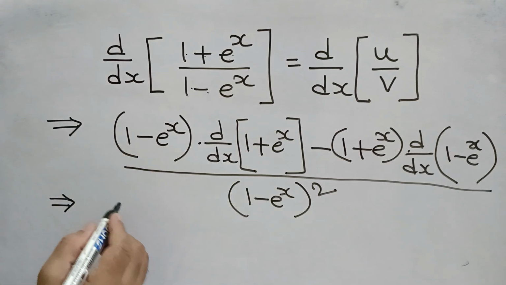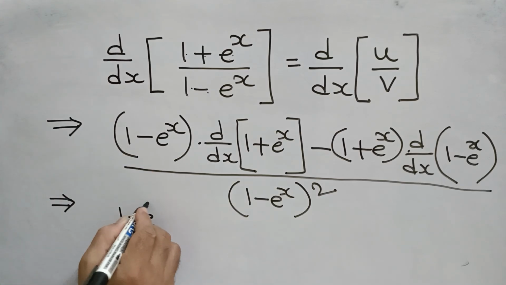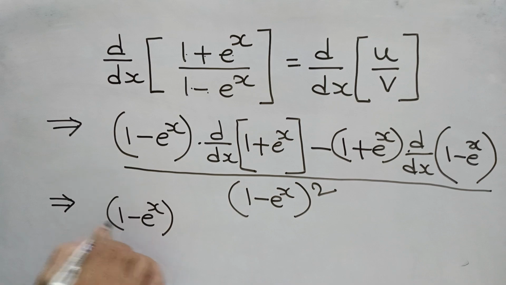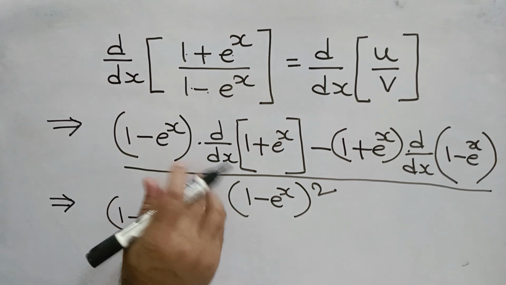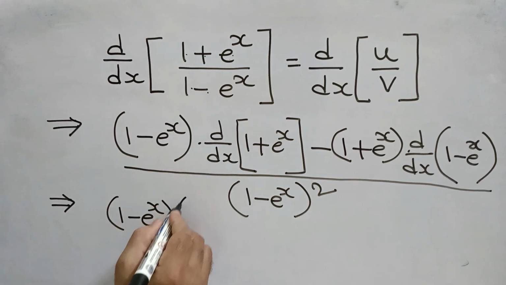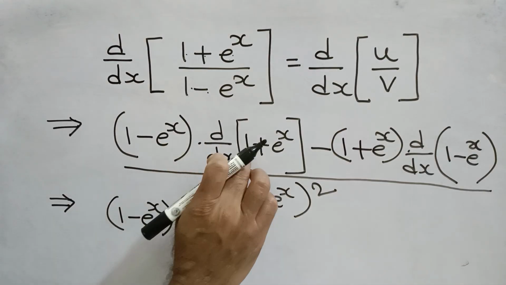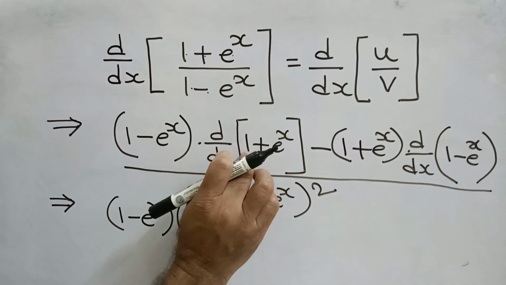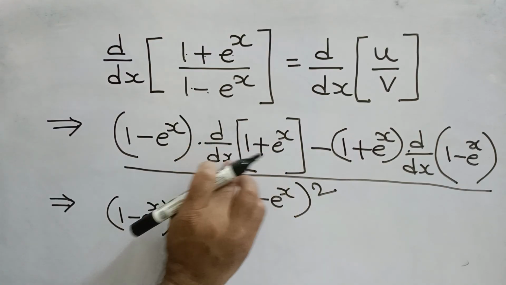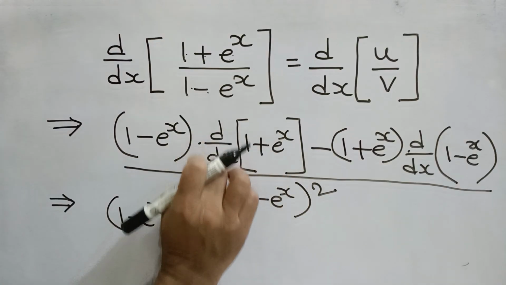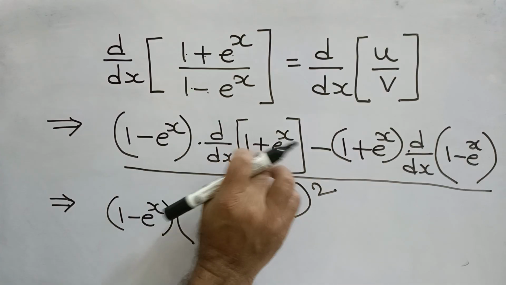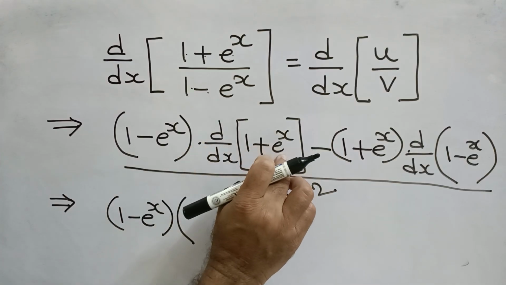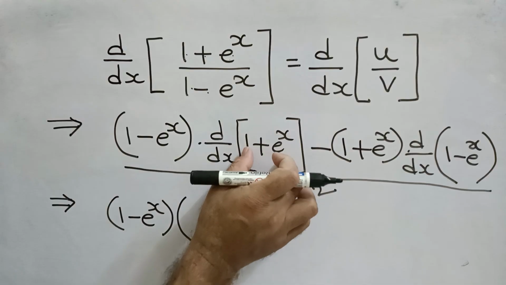Okay, this implies, now tell me, 1 minus e power x is 1 minus e power x only. Clear? Therefore, d by dx of, then put another bracket, d by dx of (1 plus e power x). So that is nothing but d by dx of 1 plus d by dx of e power x. You can write separately as you have two terms.